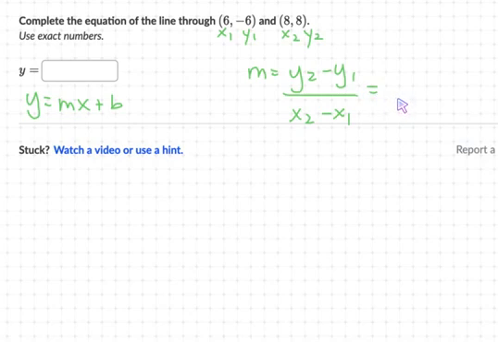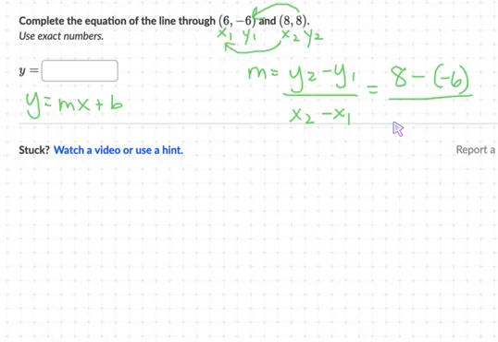There's 4 different ways of doing this. As long as you follow that order, you're good. So we have y2 subtracting y1. So it's 8 minus -6. For the x's, we have 8 minus, this is a +6, so be careful there.